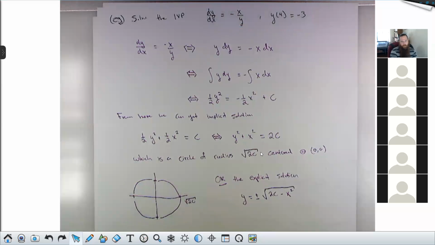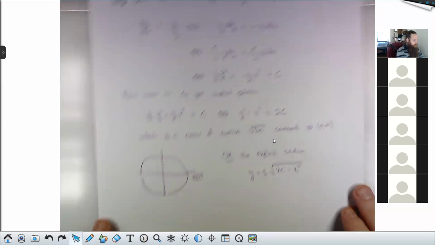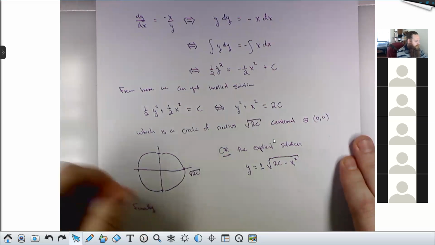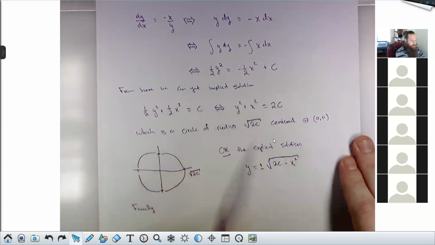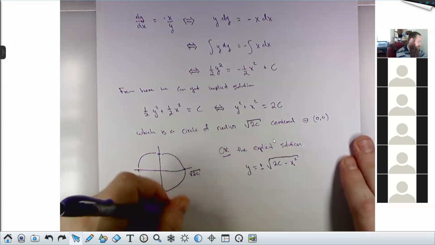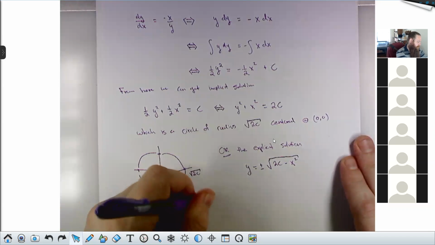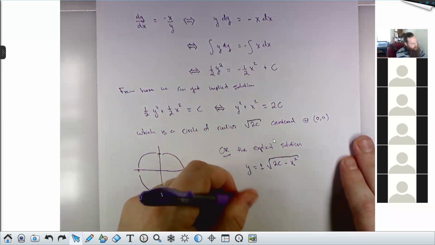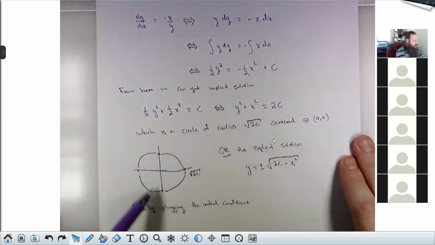Let me plug those in and see what we get. I like this form, so I'll plug the initial conditions in. Really, what choosing those initial conditions does is specify the radius of the circle.